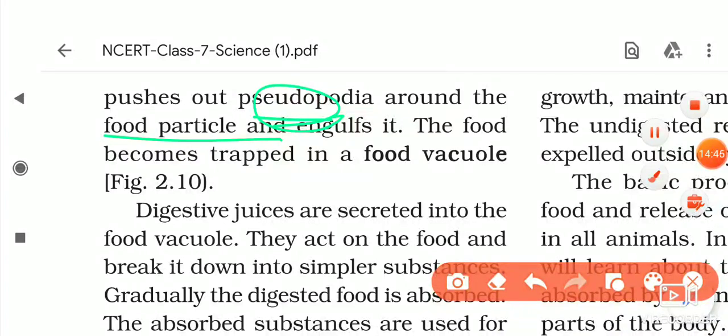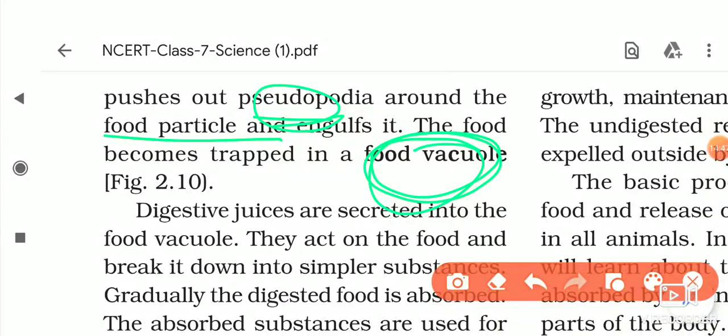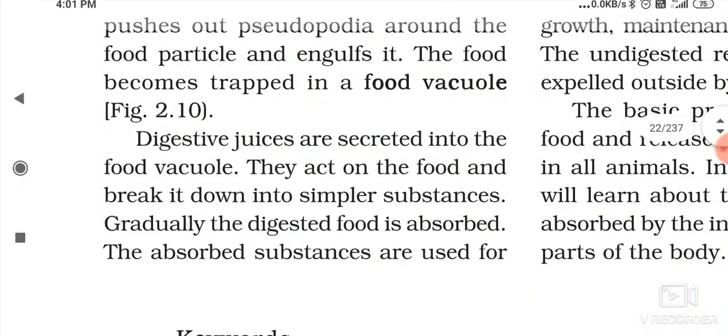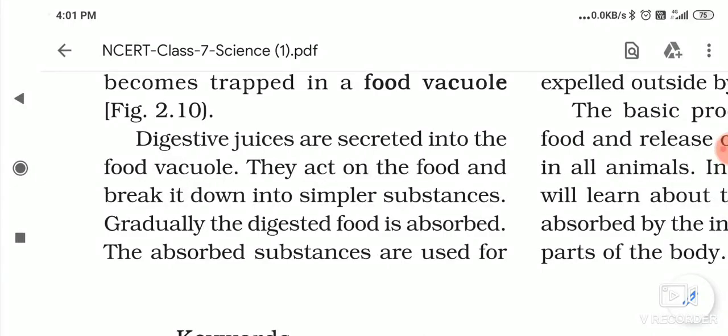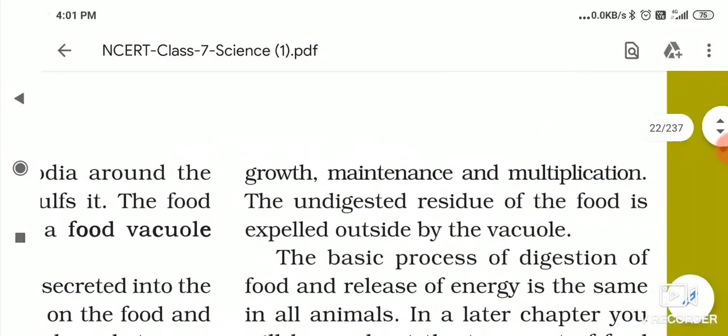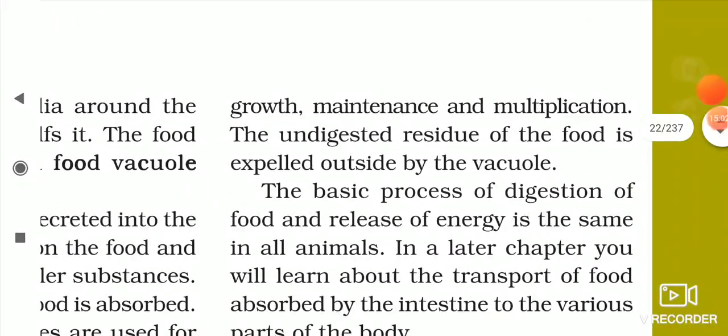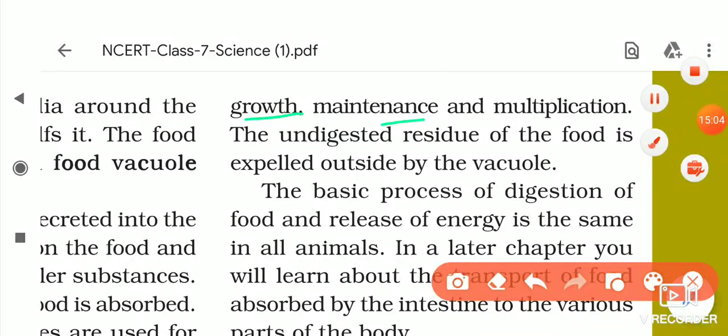The food becomes trapped in the food vacuoles, and in the food vacuoles some digestive juices act on the food and break it into simpler substances. Gradually the digested food is absorbed. The absorbed digested substances are used for growth, maintenance, and multiplication. Undigested residue of the food is expelled outside by the vacuole or through the membrane.